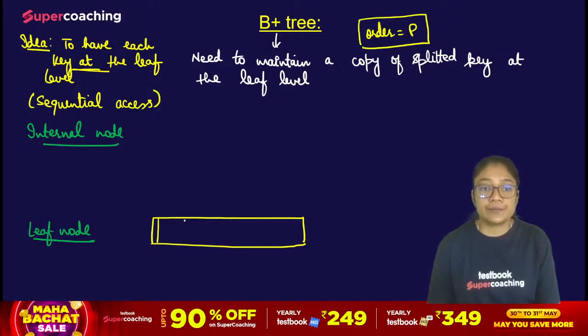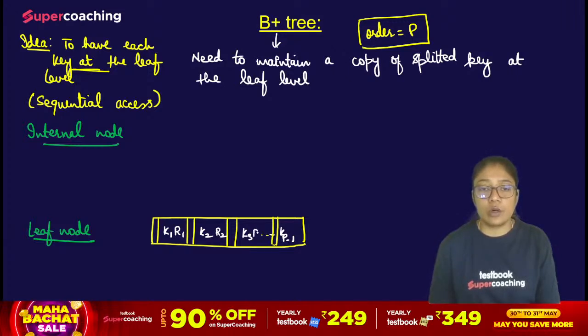So here we'll be having the block pointers. This is key 1, key 2, key 3. Every key will be available at the leaf level, P minus 1. Along with this, there will be a record pointer.